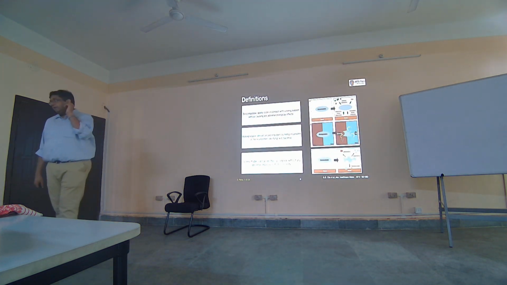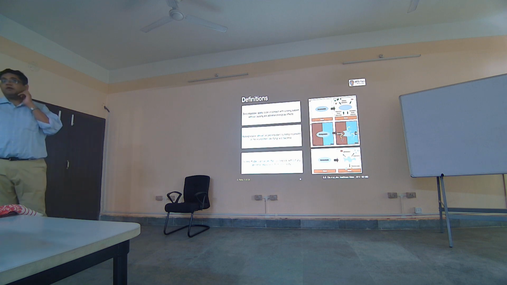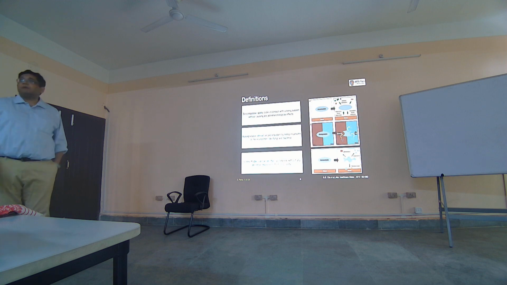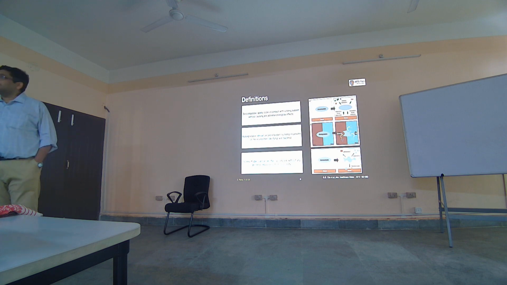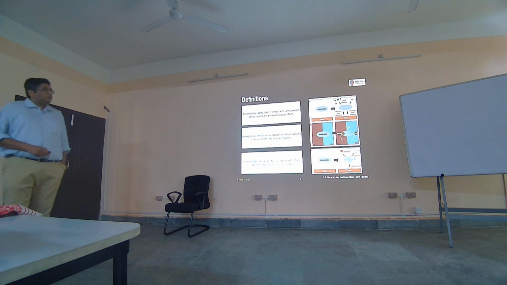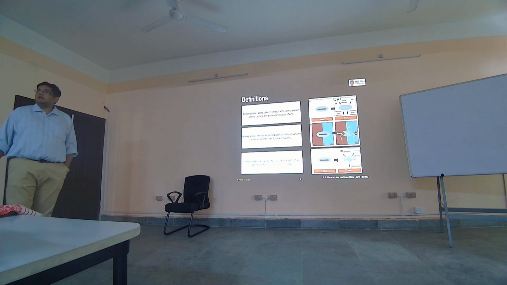So let's talk a little bit about definitions, for when somebody reads about all this in the literature. The first thing is biocompatible. What is biocompatible? Biocompatible is an implant that is able to be in contact with a biological system without causing any adverse effects. Biodegradable is something that should be decomposed by living organisms in the environment, like fungi or bacteria.